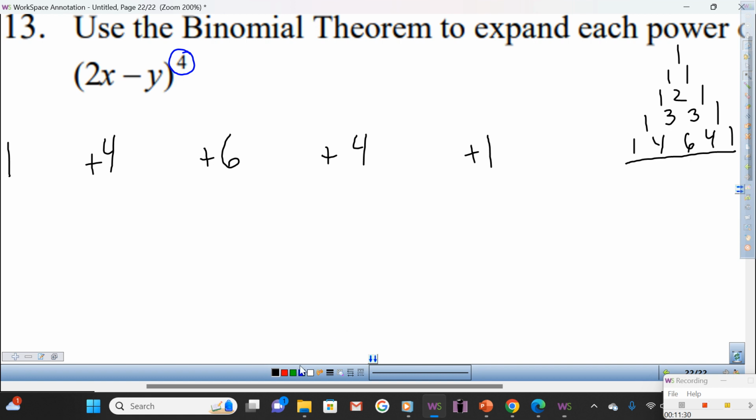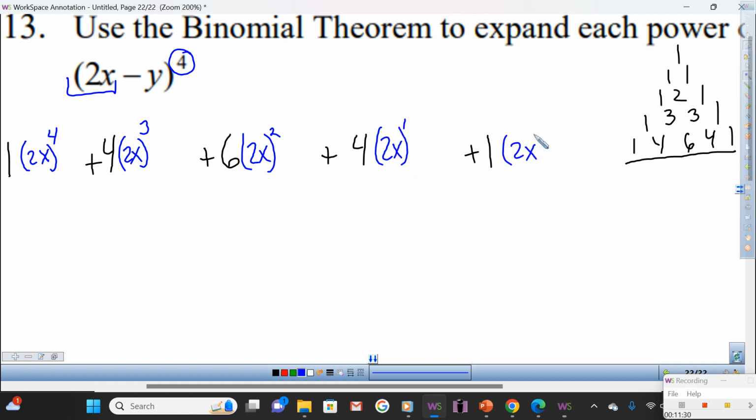All right, then we start with our first term. What's our first term? 2x. We put that in parentheses, and we start with the exponent of 4. Go to the next term, 2x, and we lose a degree, so that's to the third. Then 2x to the second, 2x to the first, and 2x to the 0.